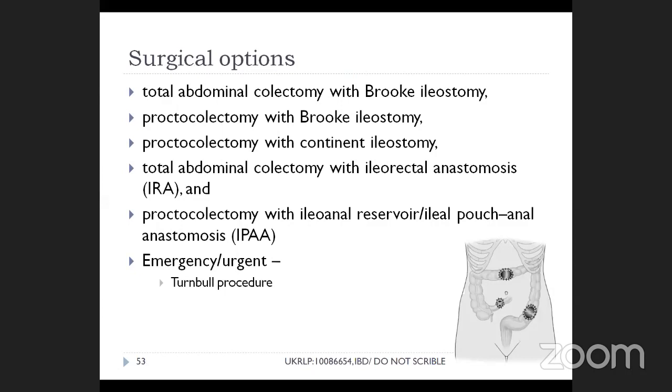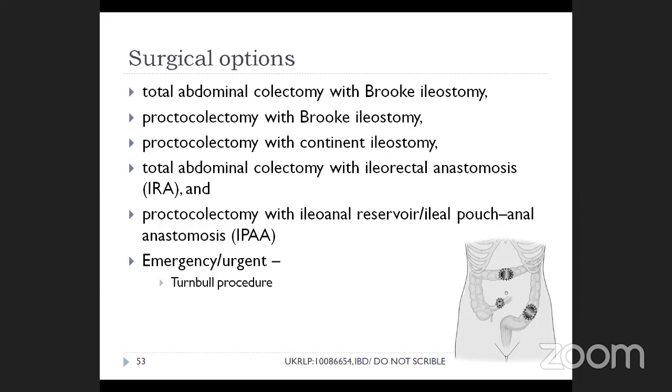The most common surgical option for ulcerative colitis is total abdominal colectomy with Brooke ileostomy. In total abdominal colectomy, we don't remove the rectum, and the patient has to comply with regular rectal surveillance.